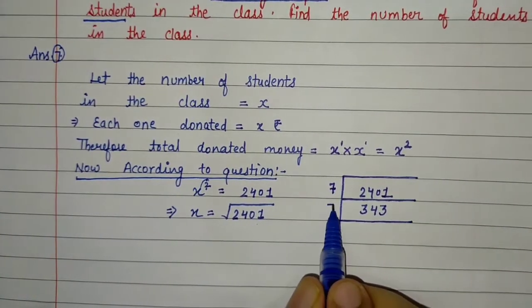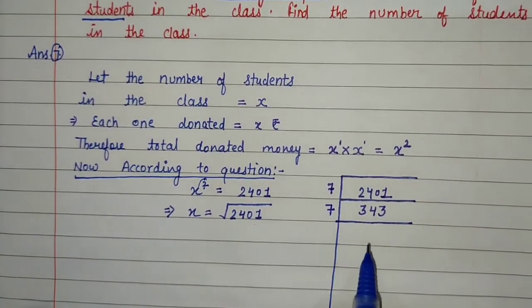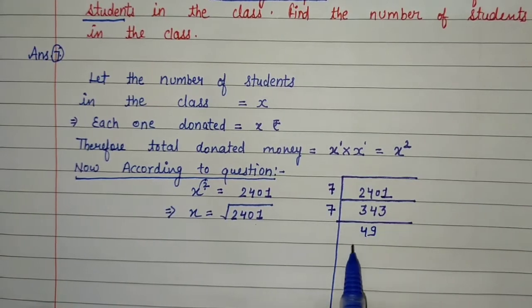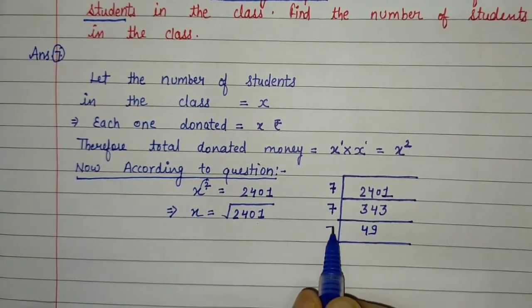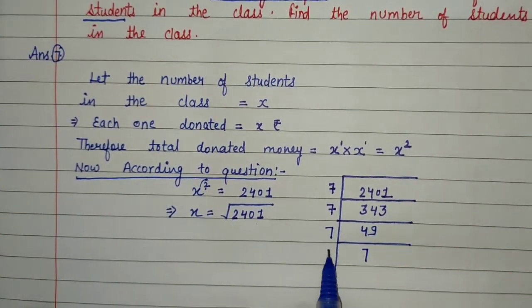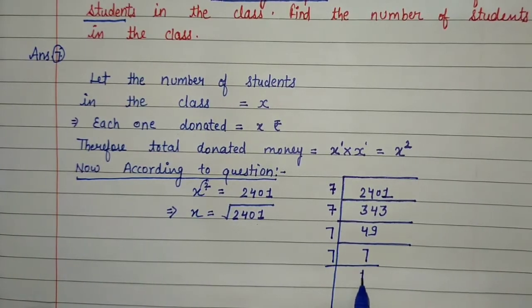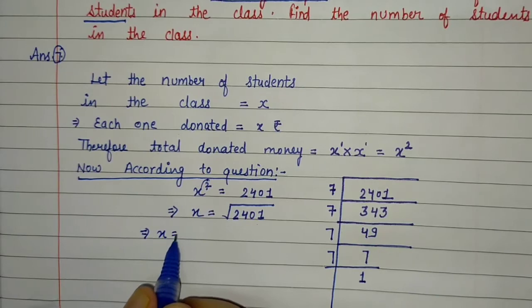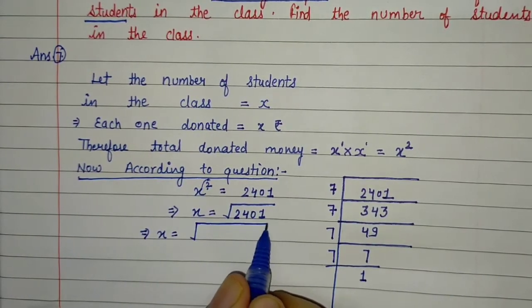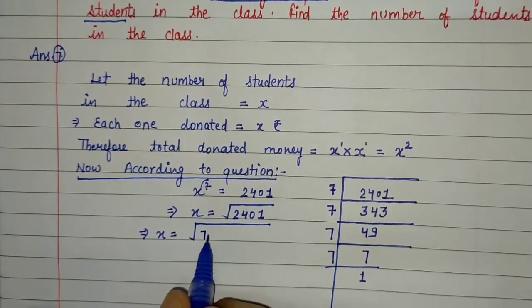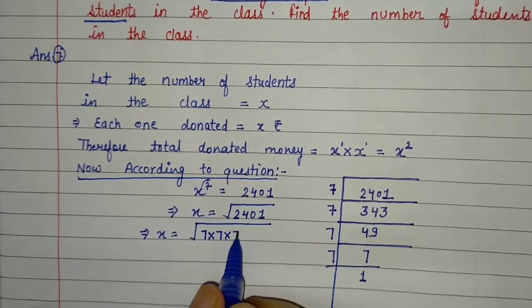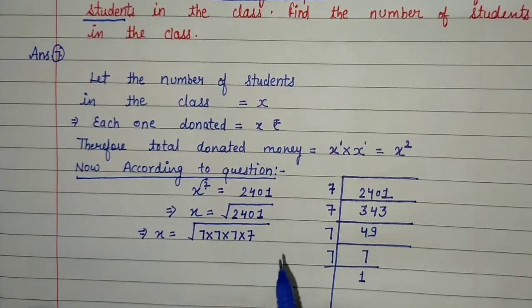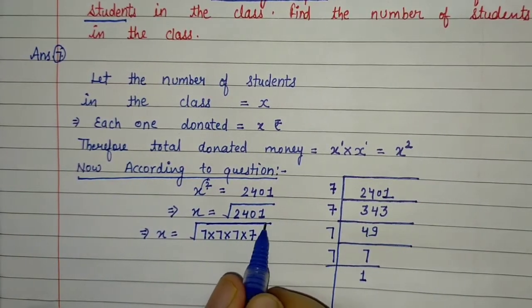Again it is divisible by 7. You will get 49. After that, again divide by 7 and at last we get 1. So here we can write x equals the square root of 7 into 7 into 7 into 7, because the square root sign is here.